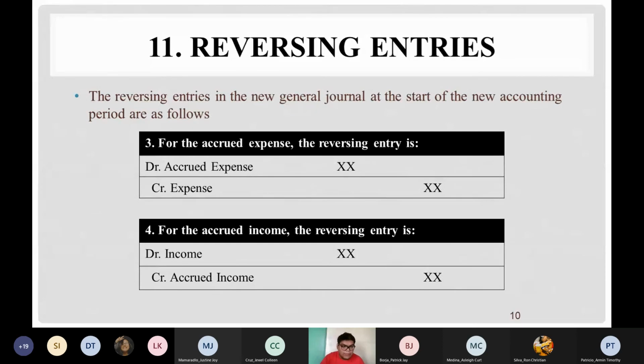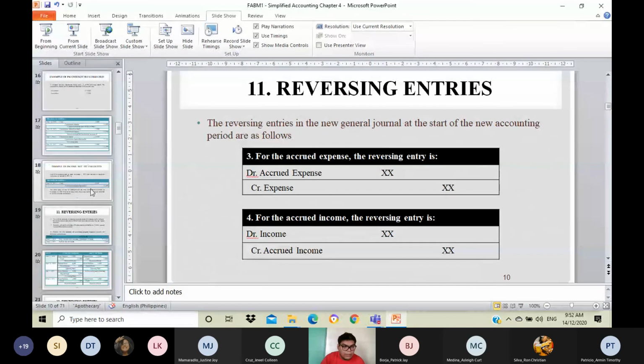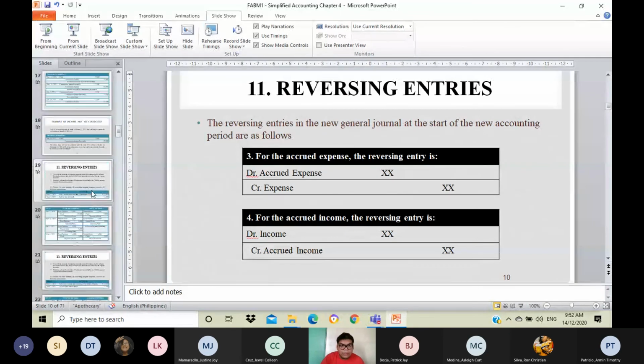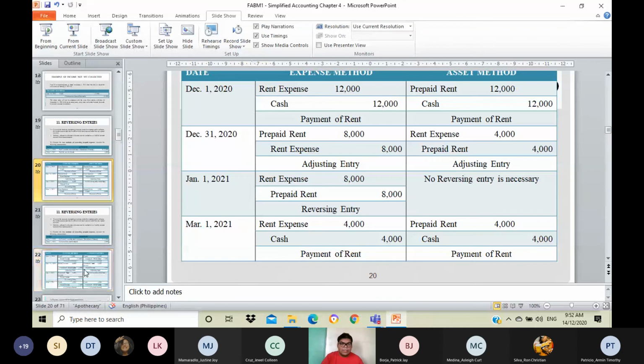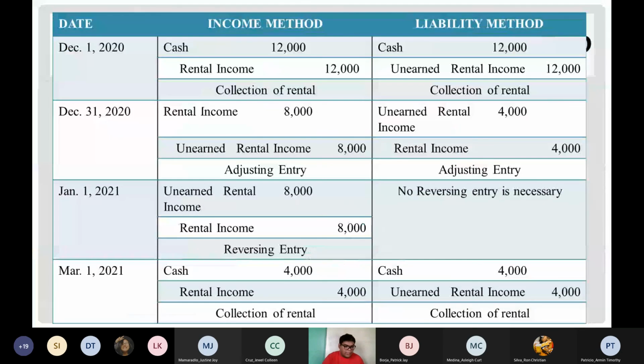So, balikan lang natin. Balik. Ulitin ko lang. Rental receivable account is closed by the reversing entry. On the date of collection, the amount will be consistently credited to an income account. Rental receivable.